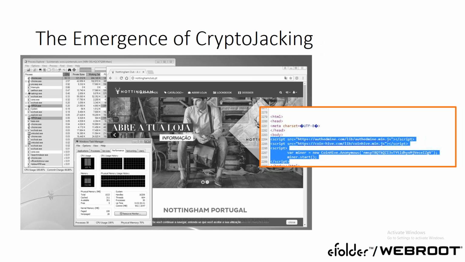Now, it's not a lot of money. People wonder, well, how much are they making? Per processor, probably less than 50 cents a day, maybe less than that. But ultimately, it's not about one computer. It's about having hundreds of thousands of these computers because you picked a good website to inject. And ultimately, there's no cost to them.